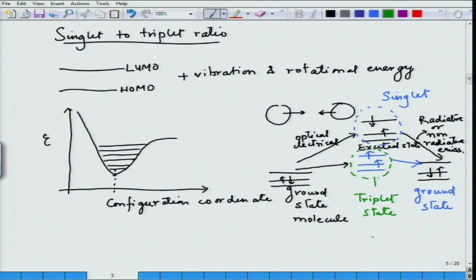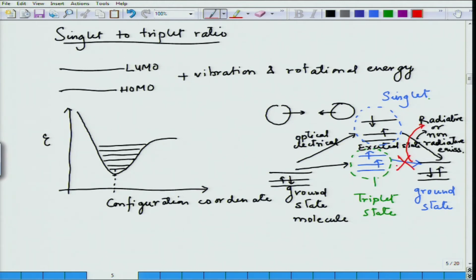Now, for more information on why these are formed and why certain molecules will form different ratios of singlet and triplet states upon excitation, one has to go back to quantum mechanics, but here it is important just to know that depending on the nature of the organic molecule, during excitation you will form some singlet and some triplet states. Again depending on the nature of the molecule, many times this particular transition from triplet to ground state, which can give rise to radiative or non-radiative emission, is forbidden.